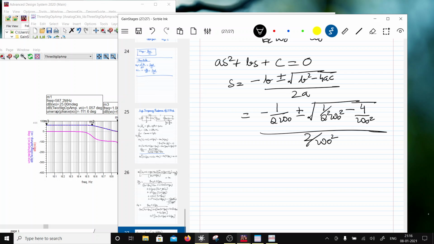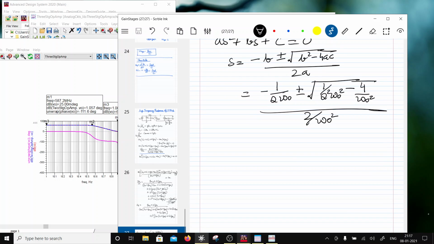So let's find out a condition on Q when they are real and equal. So omega P1 comma 2 would be equal to minus, if I assume this condition that this term is 0, then I have two real poles at the same frequency.